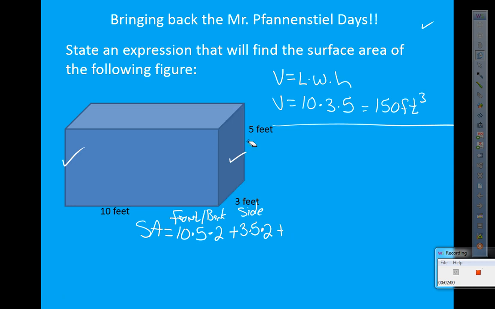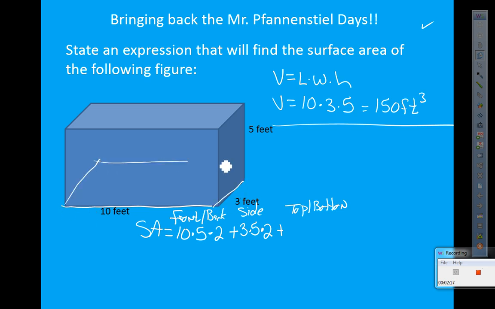Now to bring this home, I also need to think about the area of the top and the bottom. If you look at the bottom, I've got a length of 10 feet and a width of 3.